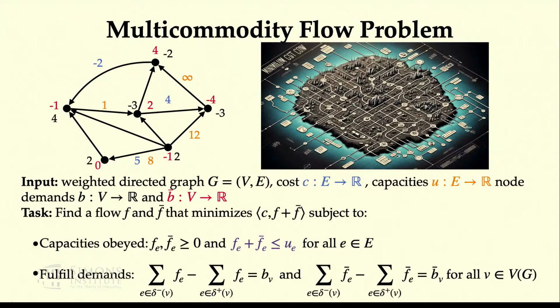So they have to together obey the capacity constraints. And it turns out that this problem is as hard as general LP for weakly polynomial running time. Okay, so these are the two running examples that I will use in the talk.